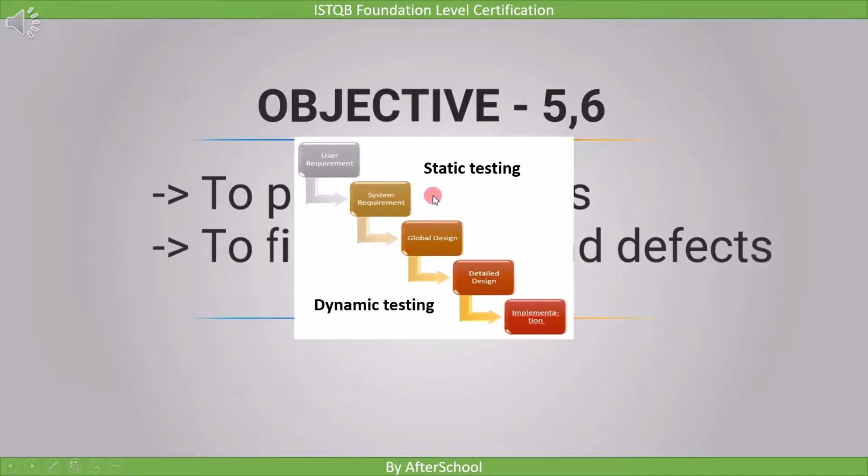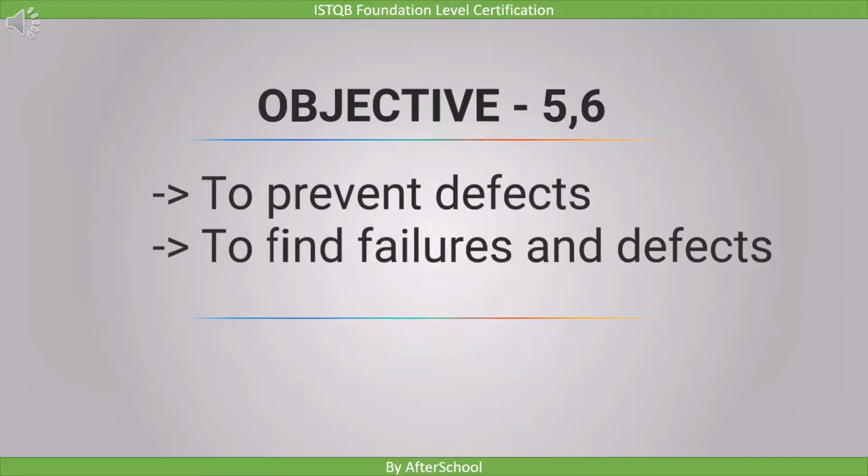Now the sixth objective comes into picture. We need to find the defects or failure in the same stage in which they are tested. Otherwise, defect will travel to the next stage, and it will be more costly to fix. This is one of the important objectives of testing, to prevent defects, to find failure and defects.